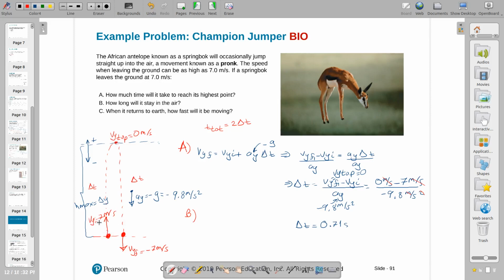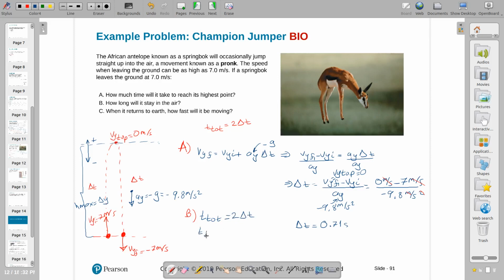Now we said the first half of the motion, if it is delta t time, the second half will be the same, and we calculated that delta t is 0.71 seconds. So the total time t total, as we put over here initially as we were walking through what we're going to do, will be equal to 2 times delta t, and that is always the case.